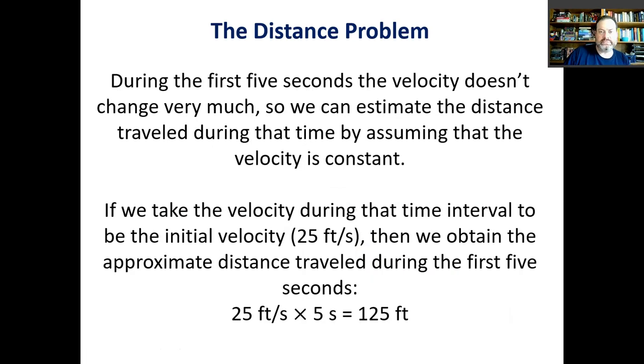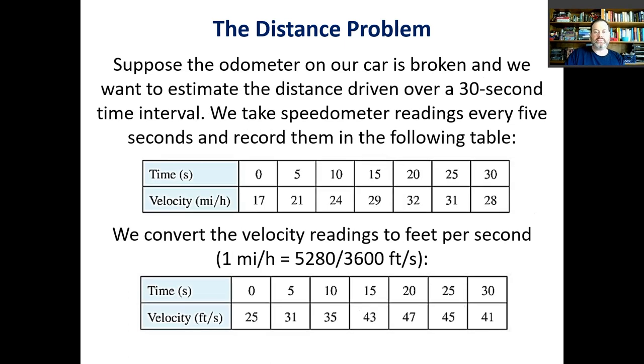During the first 5 seconds, the velocity doesn't change very much, so we can estimate the distance traveled during that time by assuming the velocity is constant. So in this first 5 seconds, it goes from 25 to 31, but over this first 5-second interval, we're basically assuming it's constant.